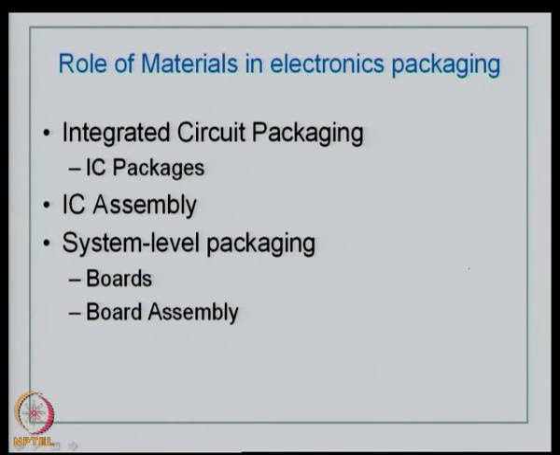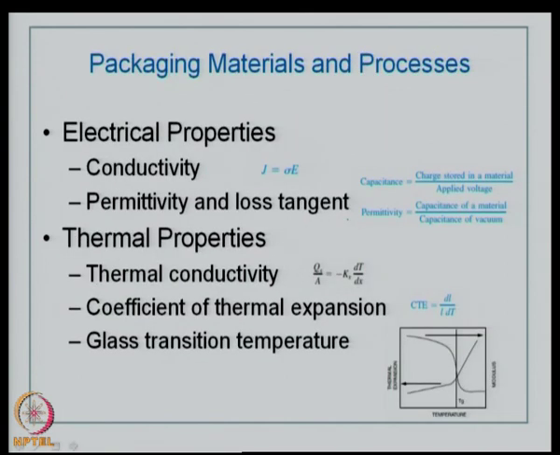Now, as we have seen in the previous slide, it could be in IC packaging, it could be in IC assembly, or in system level packaging. The electrical properties briefly that you must be aware of, which I want to summarize and give to you in a nutshell, is conductivity. Remember this equation, permittivity and loss tangent. You are talking about dielectric constant, capacitances of materials, ratio of capacitance of material to capacitance in vacuum, that is permittivity, a very key property.